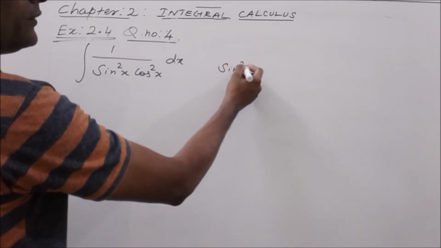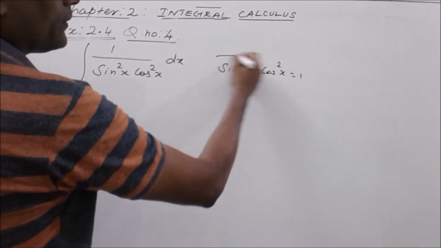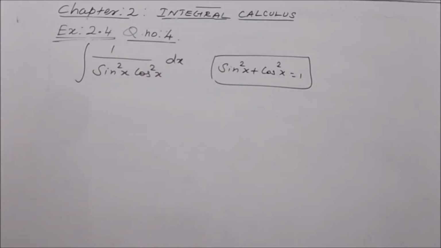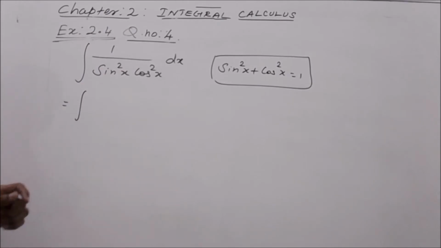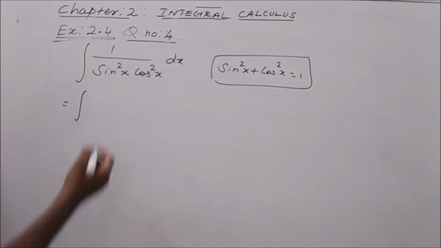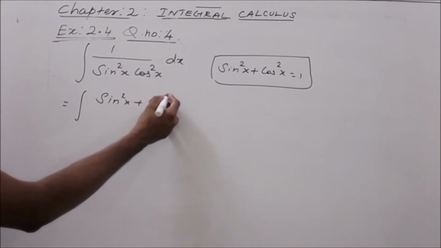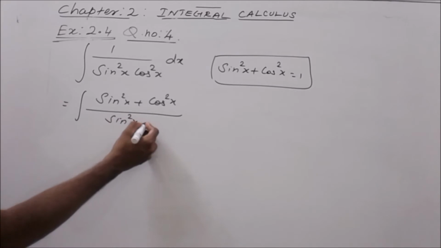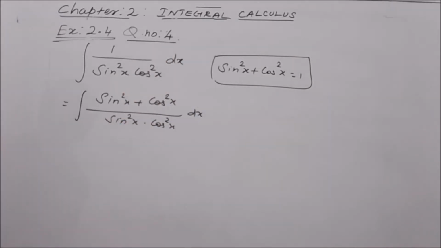We know that sine square x plus cos square x is equal to 1. So replace the numerator by sine square plus cos square. It is easy to split into two different terms. Now here sine square x plus cos square x divided by sine square x into cos square x dx.